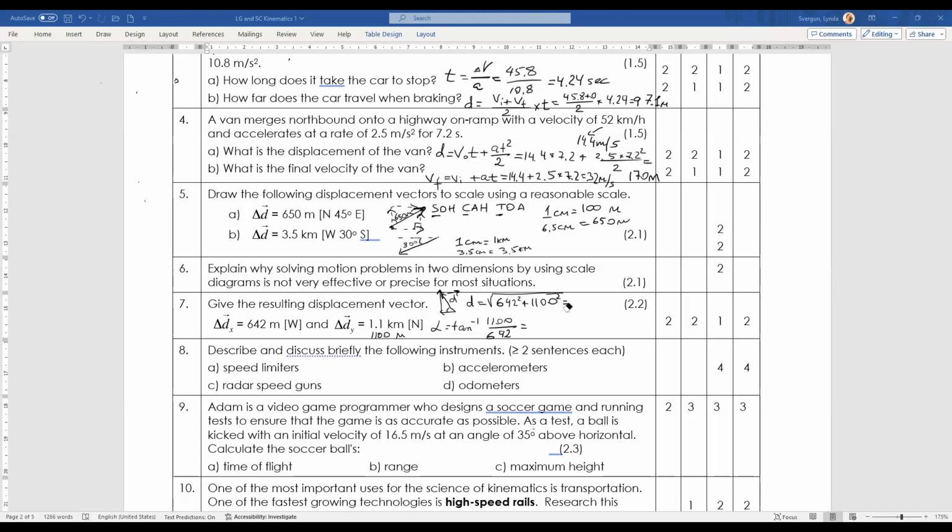What is the length here? Can you write length and angle? I'm lost.